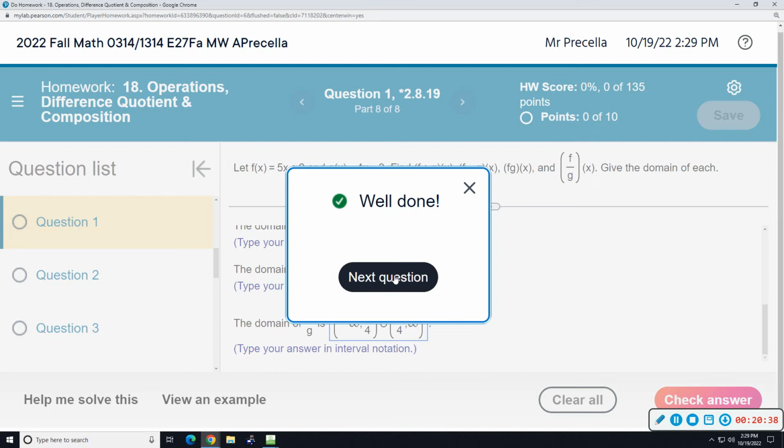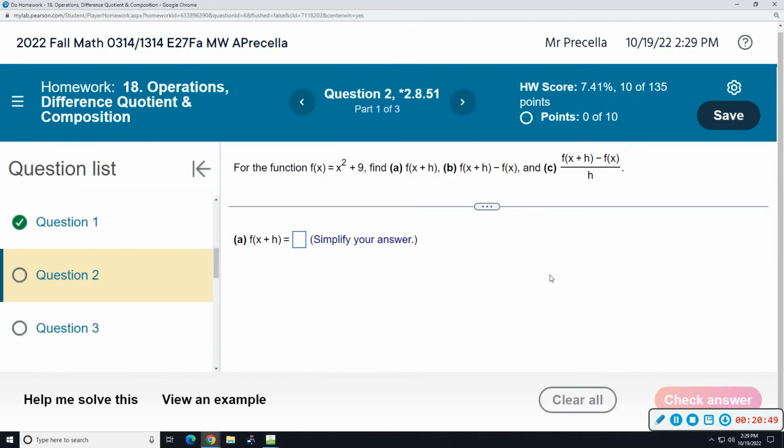The operations that can be applied to real numbers can be extended to functions, and it's just the algebraic version of those operations. Numbers 2 and 3 deal with something called the difference quotient.